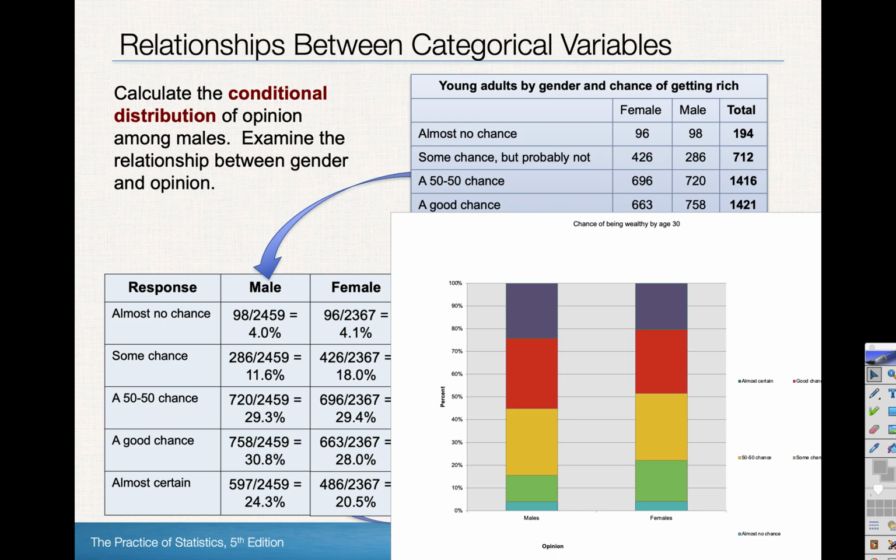What I see is that males look like they are more confident in their ability to get rich. Because if you look at the red, which is a good chance, and the purple, which is almost certain, those two together are bigger than the females. A lot of the females seem to be in the 50-50 range, which is in here.